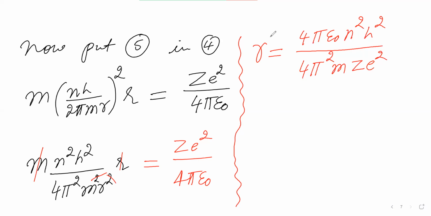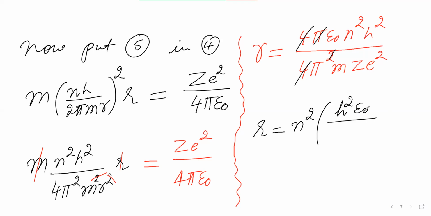Now we can still cancel some more things. 4 and 4 will get cancelled. This pi and this pi will get cancelled. Is it right? So now we are left with R equals N square, where N is the orbit number, H square epsilon naught, where epsilon naught is the permittivity of free space and H is the Planck's constant, divided by pi m z e square, correct?